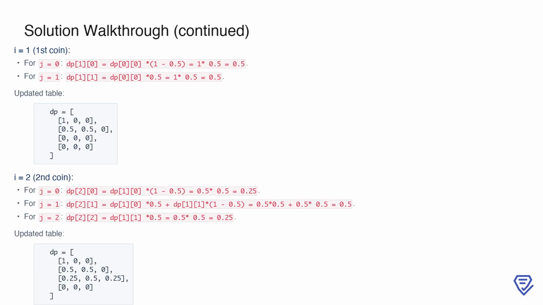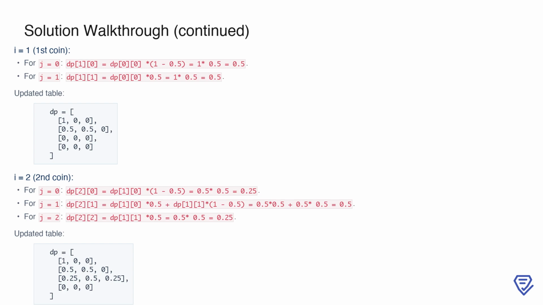Next, considering the second coin, we calculate the probabilities for 0, 1, and 2 heads. For 0 heads, dp[2][0] equals dp[1][0] times (1 minus 0.5), resulting in 0.25. For 1 head, the probability combines contributions from the first coin and the second coin, calculated as dp[2][1] equals dp[1][0] times 0.5 plus dp[1][1] times (1 minus 0.5), which equals 0.5.